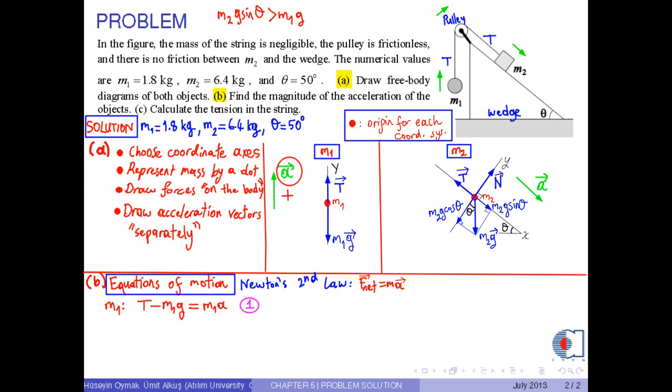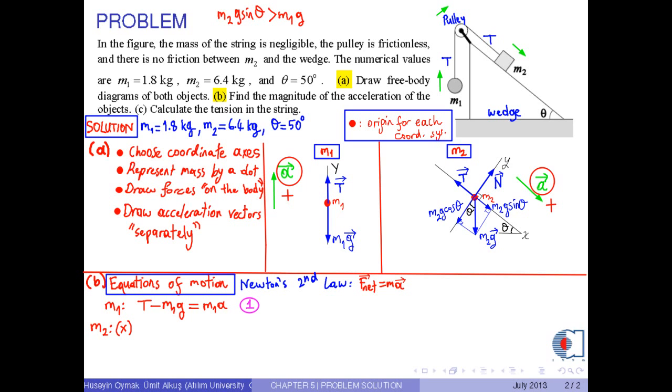Here, as you see, there is no motion along the x-axis. For mass m2, since we have a two-dimensional motion, for the motion along the x-axis, we choose the direction of the acceleration vector to be positive.